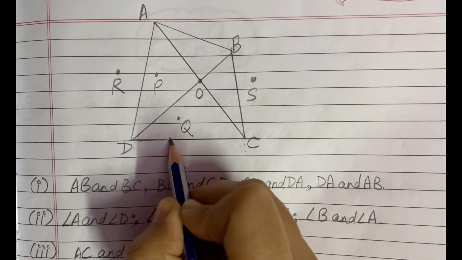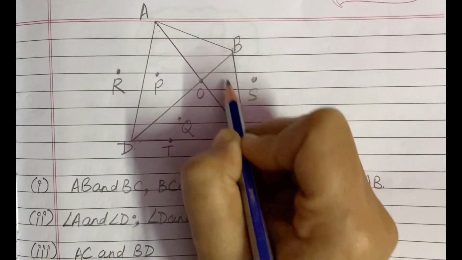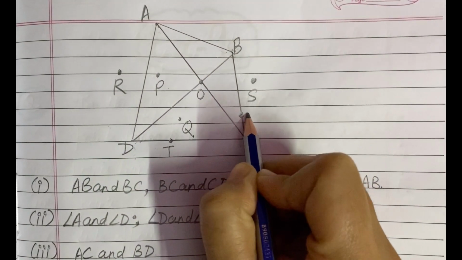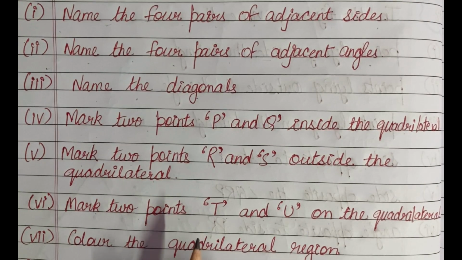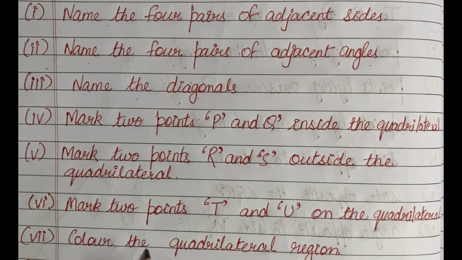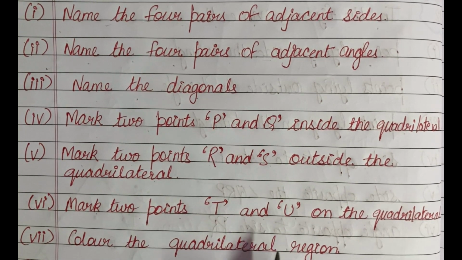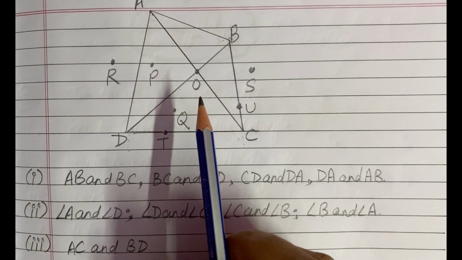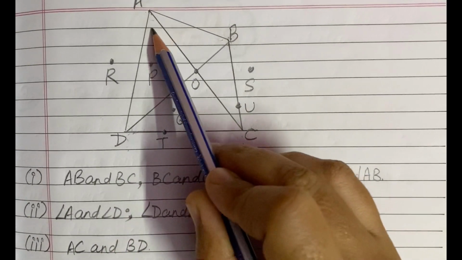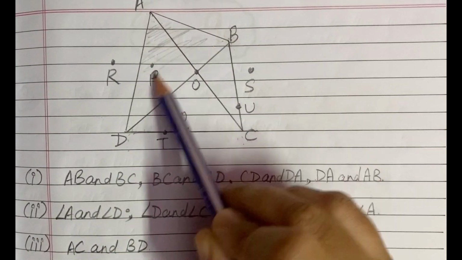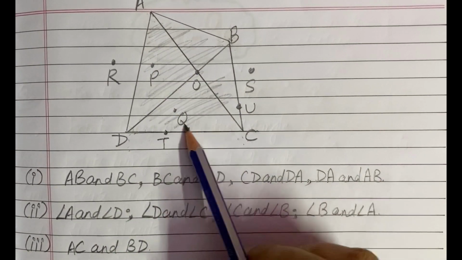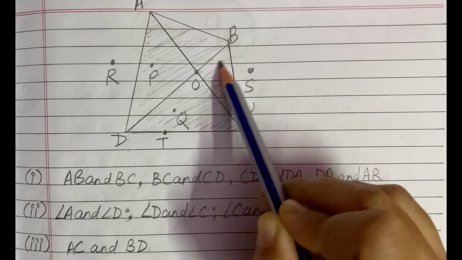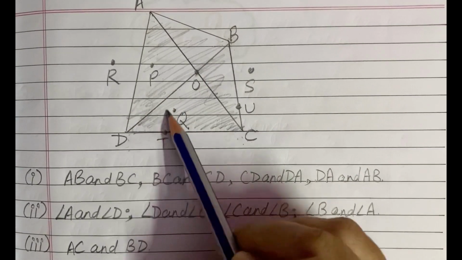So, here I am marking T and here I am marking U. Seventh part says that color the quadrilateral region. So students, you can choose the color of your choice and color the quadrilateral region. And the quadrilateral region is this one. This whole is the quadrilateral region. Hopefully it is clear to you.